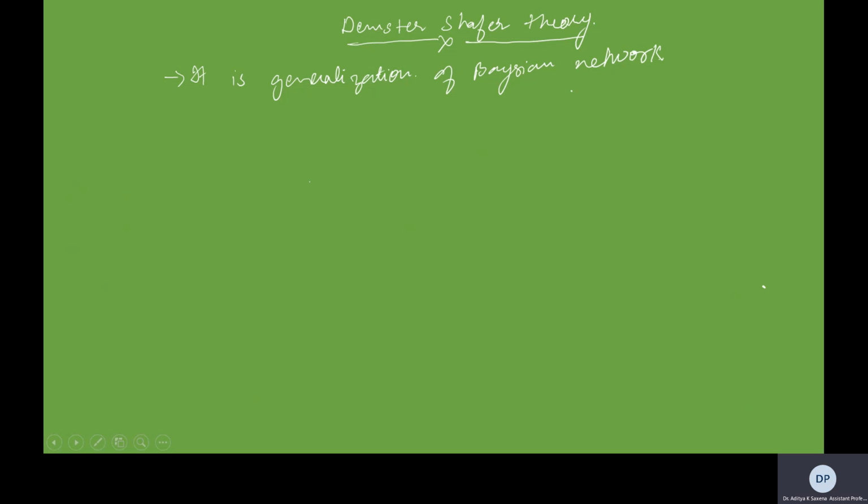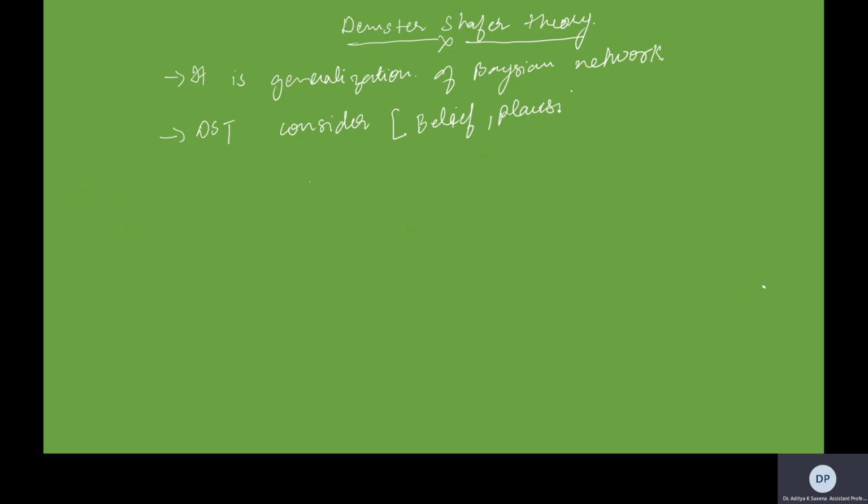This new approach considers a set of propositions and assigns to each proposition an interval. DST considers two things: an interval between belief and plausibility.